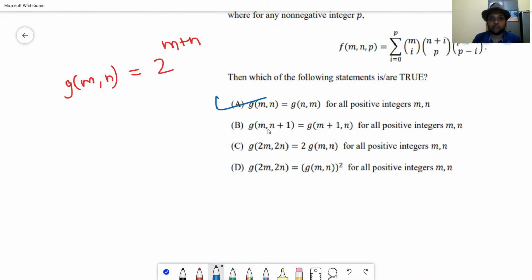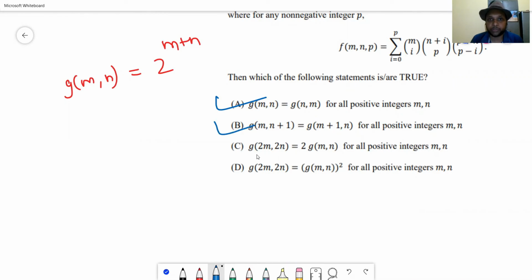Again, g of m comma n plus 1 equals g of m plus 1 comma n. Is it true? Of course it's true, because this is in power, right? g of m comma n plus 1 is 2 to the power m plus n plus 1, which is the same as 2 to the power m plus 1 plus n. So this is also true.